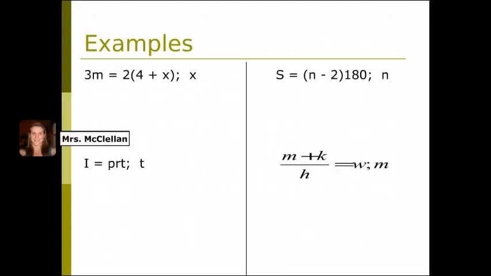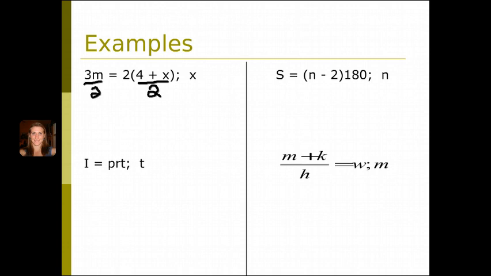Okay, so we're down to our last examples. In the first example, 3m equals 2 times the quantity 4 plus x. I'm trying to get x all by itself. Currently, everything inside of the parenthesis is being multiplied by 2. So in order to get rid of the 2, I can divide everything inside of the parenthesis by 2.